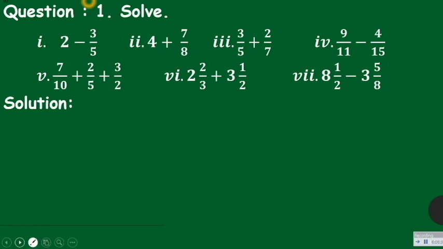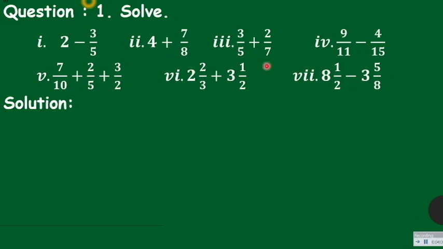See the first two parts, 2 minus 3 by 5 and 4 plus 7 upon 8. They look similar. Why? Because the first one is a whole number and the second one is a fraction. Here also the first number is a whole number and the second number is a fraction. But the difference is, here we need to do subtraction and here addition.